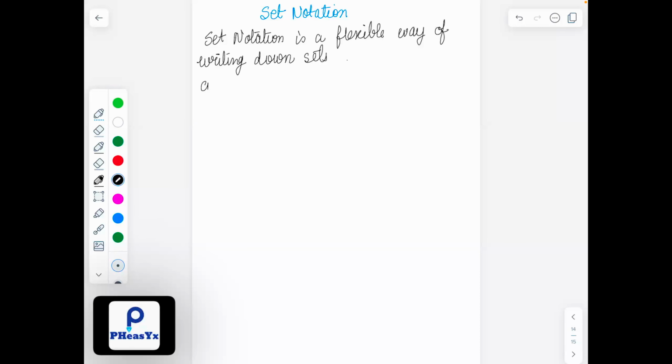It is an alternative method to interval notation.